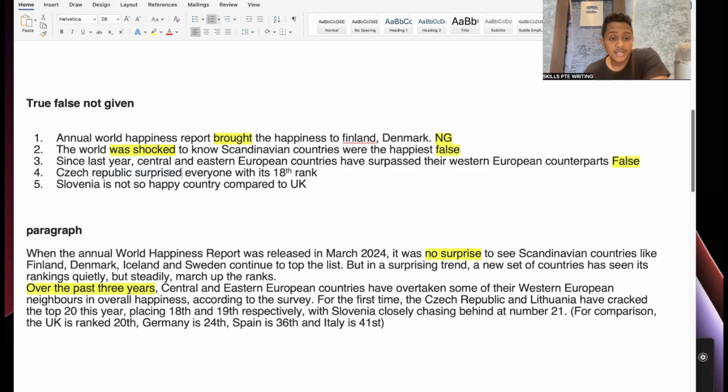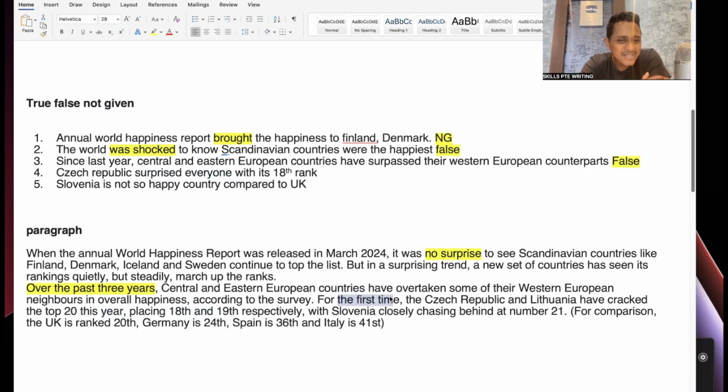If you say true, it means it surprised everyone. So the very first thing we need to identify is where Czech Republic is written. For the first time, Czech Republic and Lithuania have cracked the top 20 this year, placing 18th and 19th respectively. For the first time, they are well within the top 20.